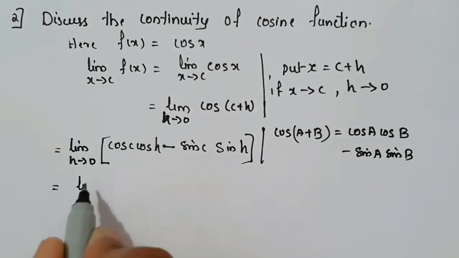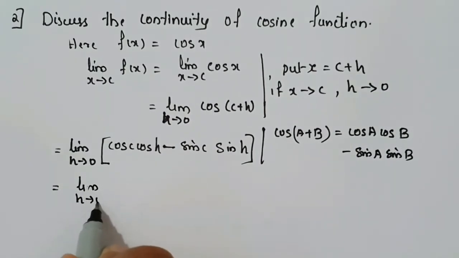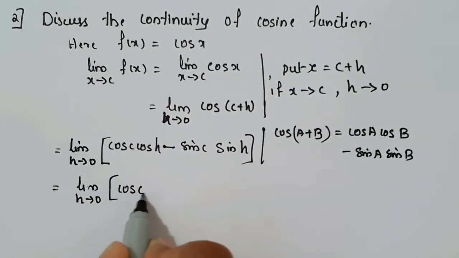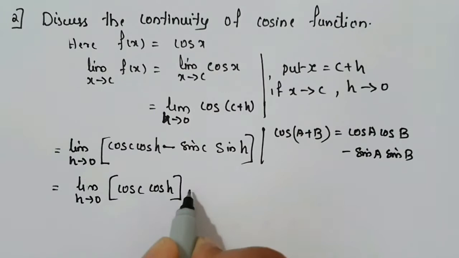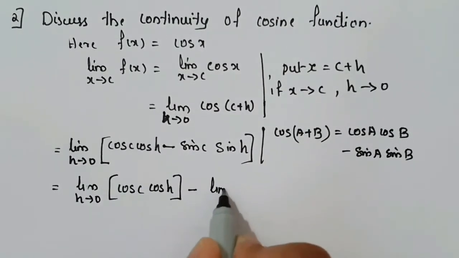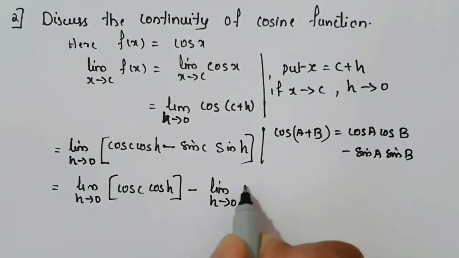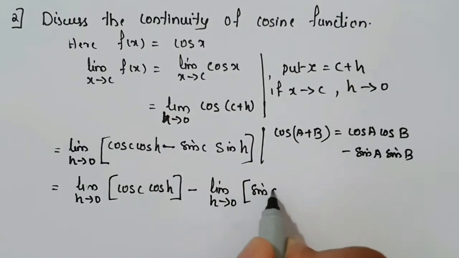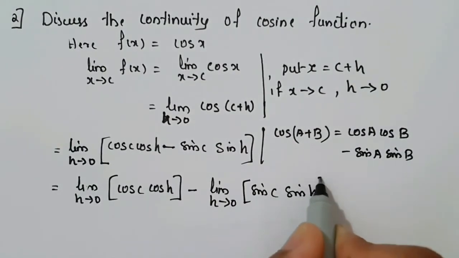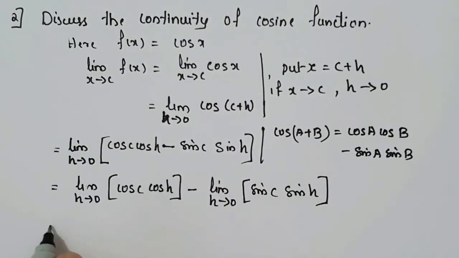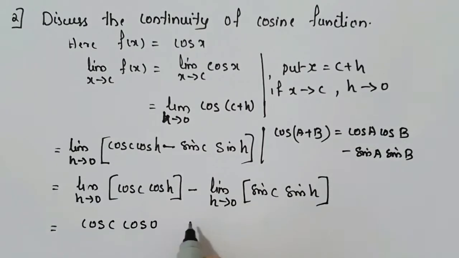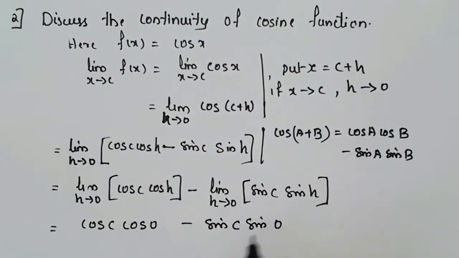This is equal to, now separate the limits. So limit h tends to 0 of cos c cos h minus limit h tends to 0 of sin c sin h. This is equal to, now apply the limits. So cos c into cos 0 minus sin c into sin 0.